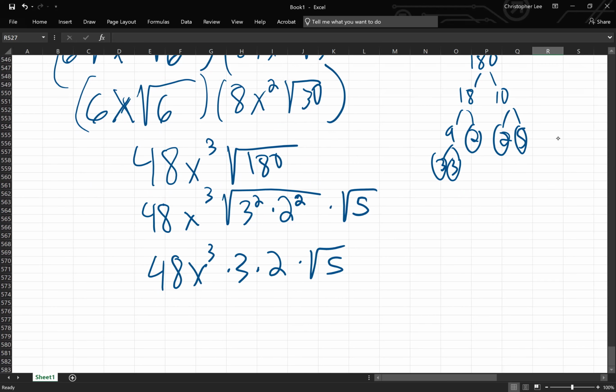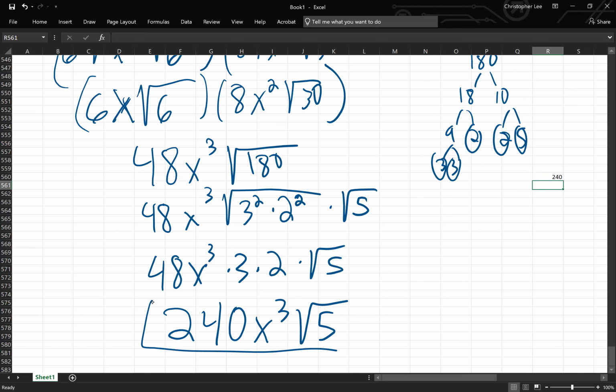And then 48 times 3 times 2 is what? So 48 times 5, what's that? 240. So 240 x cubed square root 5.